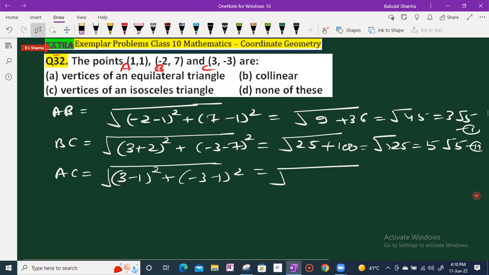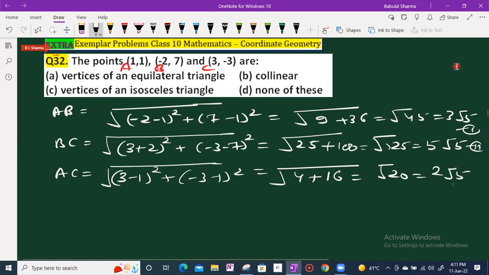Further, we can write that is 3 minus 1, that is 2 whole square is 4. And minus 3 minus 1, minus 4 whole square is 16. So that is square root of 20. We can write 2 root 5.